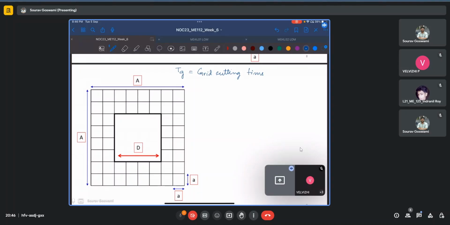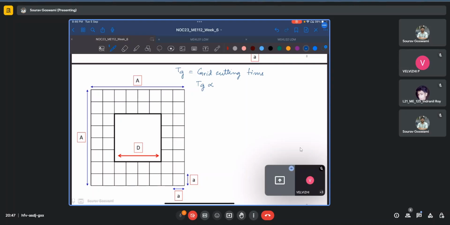Assuming that the scanning by the laser, or the knife as the case may be, occurs at a constant scanning speed, the time taken will simply be proportional to the distance that is to be covered. Let us find out what that distance is.